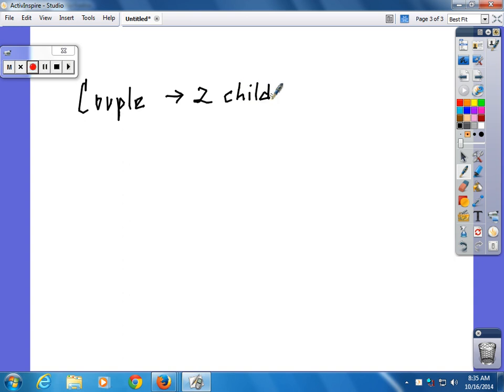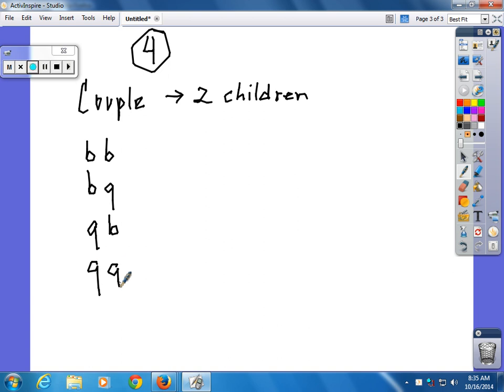And in chapter 4, we were asked, what is the probability of, well, let's write them down: boy-boy, boy-girl, girl-boy, and girl-girl. And this is what we call the sample space, or the sample population.